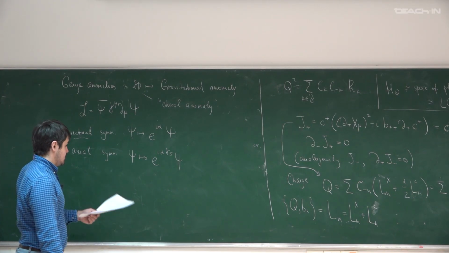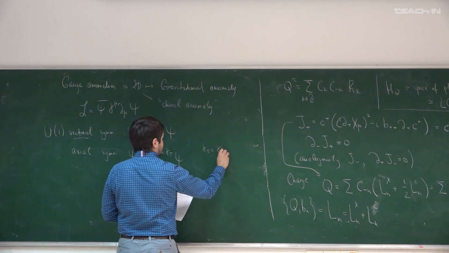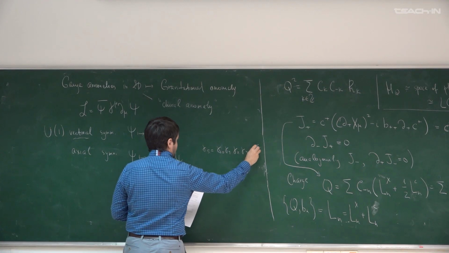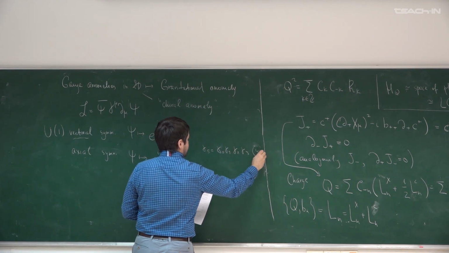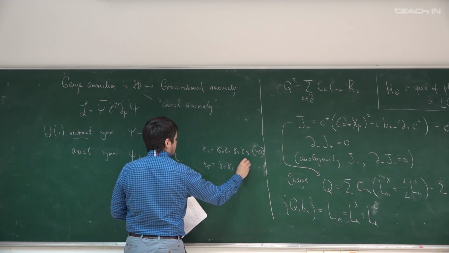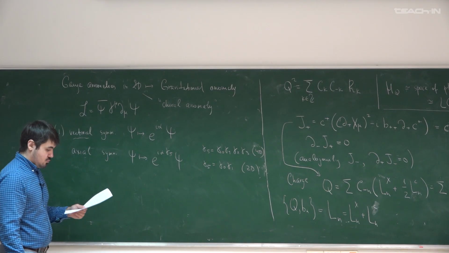And gamma 5 is just, in 4D, made from gamma 0, gamma 1, gamma 2, gamma 3. In 2D, we just define it using gamma 0, gamma 1. You could call it gamma 3, but let's keep this.